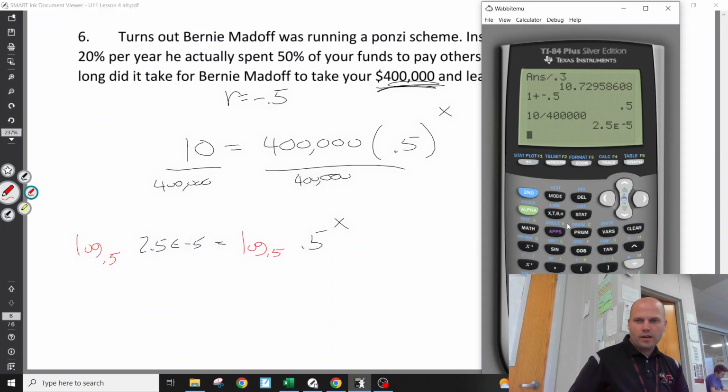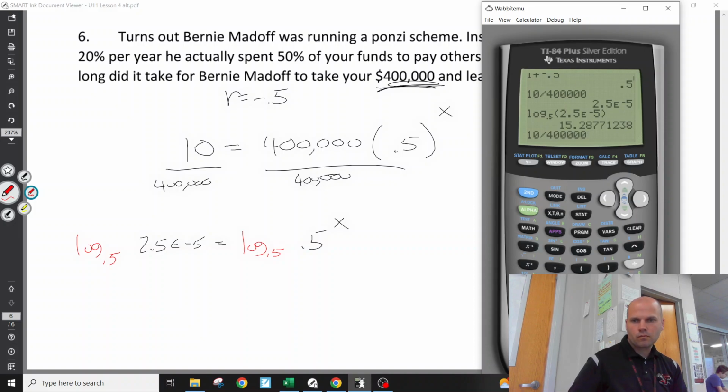Now, this is where it's important not to round numbers or anything, just use what you see, or pop over here and use this answer. 15.28 years. That's funny. Or you could have done the 10 divided by 400,000.